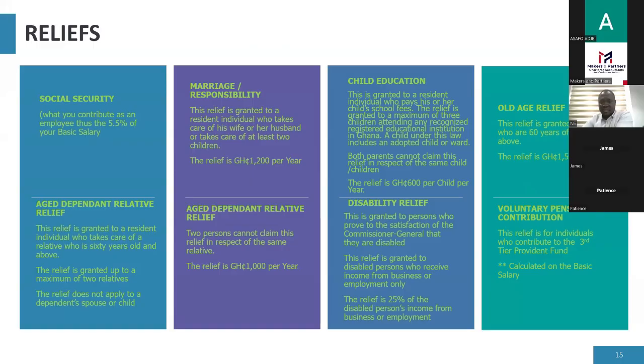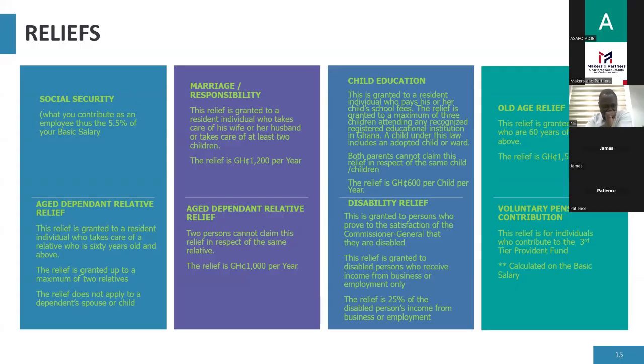Hello. Yeah, good afternoon. Please, with the allowances, I don't know, maybe your presentation will bring us there, but let me ask. With the allowances, assuming I'm given a fuel allowance, but the condition of service I'm working with is in gallons, let's say 35 gallons every month. And that one is converted to cash as part of the allowances for me.